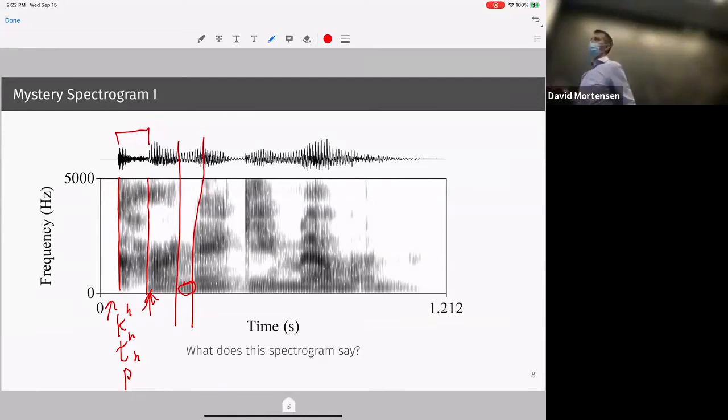And why do we think it's a nasal? So are the transitions abrupt or gradual? Abrupt. So that makes sense if you're making a complete closure and opening it up. So this is probably a nasal.